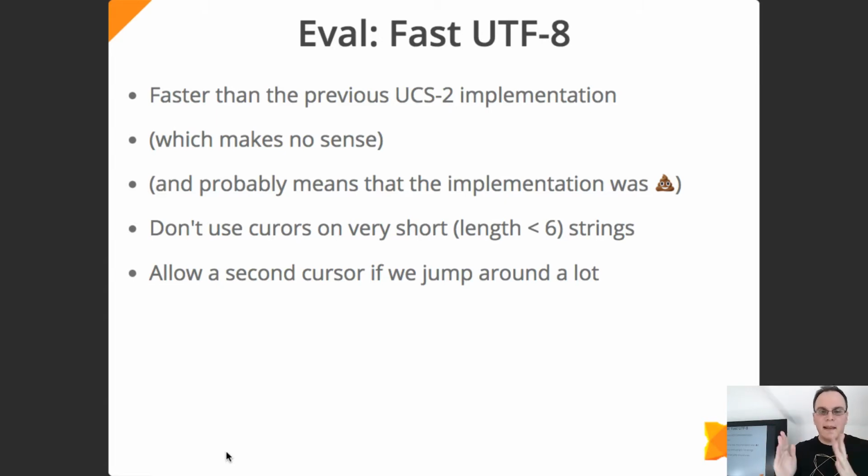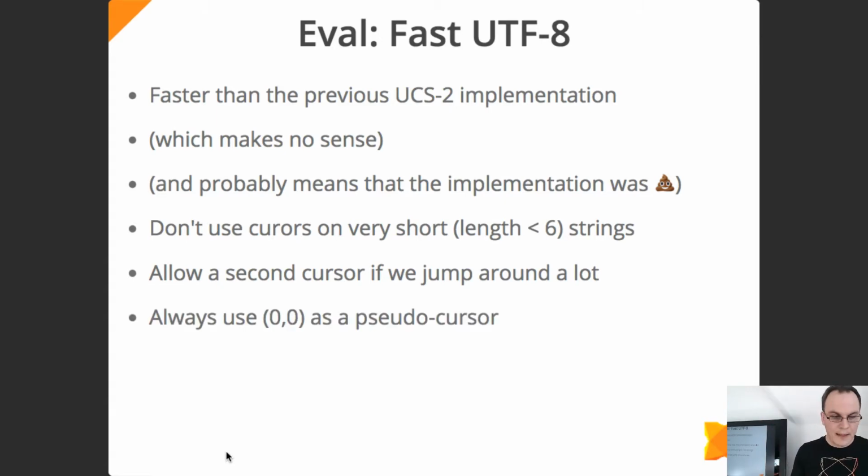So in that case, we just use 2 cursors. And we also always use the 0 point as a pseudo cursor. So that really just means if we determine that our distance from the cursors we have is further than the distance from the beginning, then we just start over.